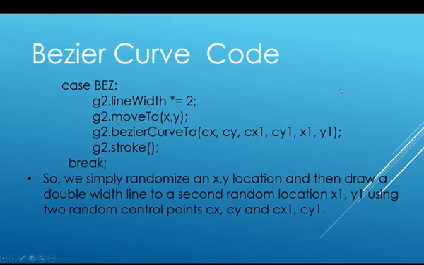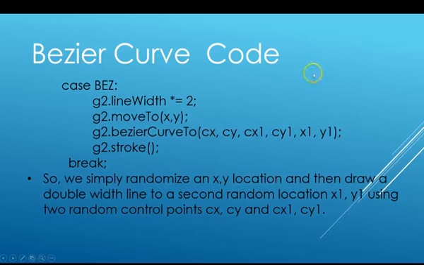I don't think there are any constraints at all in the code here. I do think x1 and y1 are generated in relation to x and y, but other than that, everything is pretty much totally random in terms of the width and height of the canvas or the width and height that the user sets on the interface.